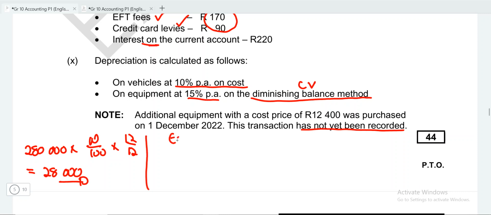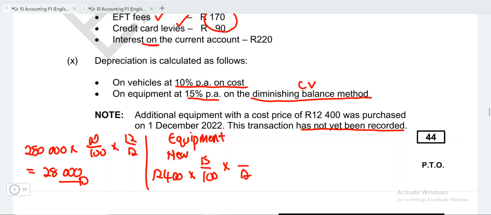Now when it comes to our equipment, I'll start by calculating the new one. Remember, when you just bought an asset, for the first year it doesn't have accumulated depreciation, so the carrying value for the first year will be the same as the cost price. So we'd say 12,400 multiplied by 15 over 100, and then we check how long it has been with us.